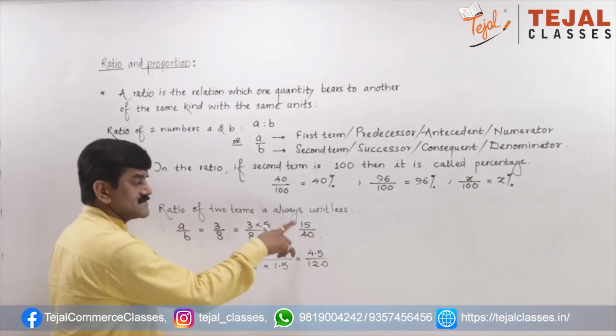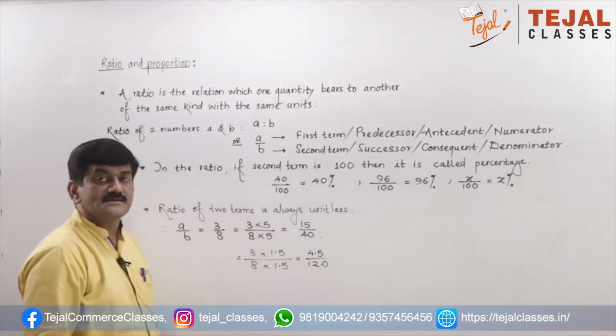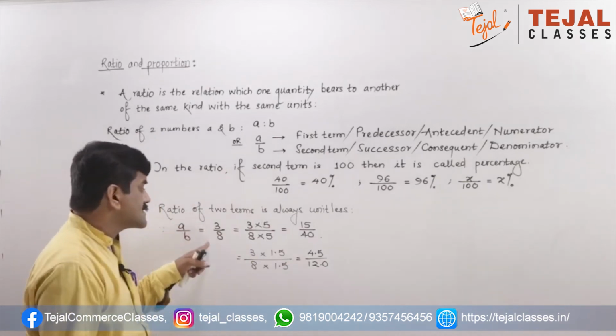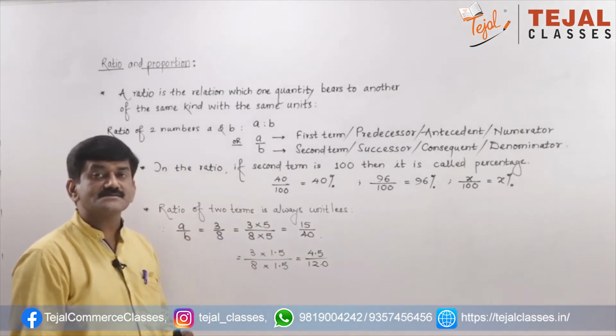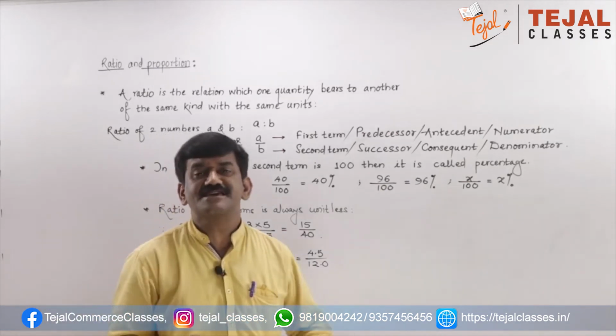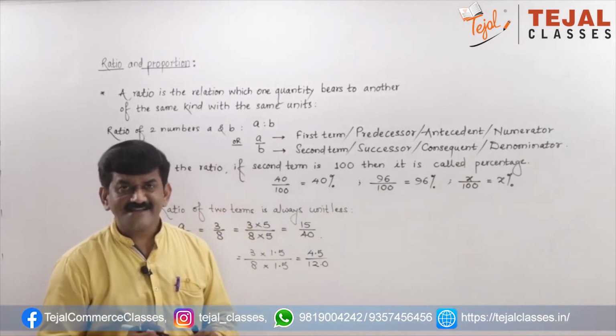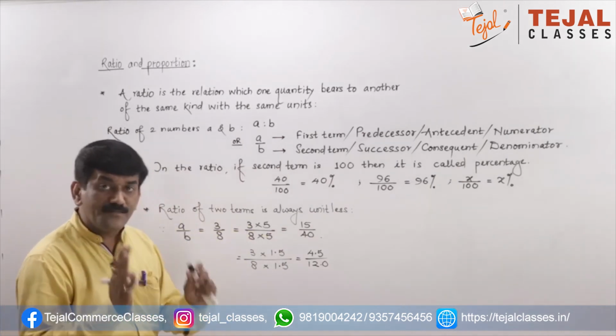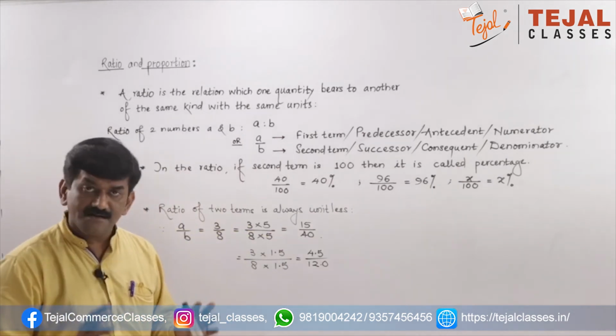Even then, simplified, both the ratios will be 3 upon 8 only. It means the value of the original ratio remains unchanged. Right? So these are the basic terms regarding ratios.